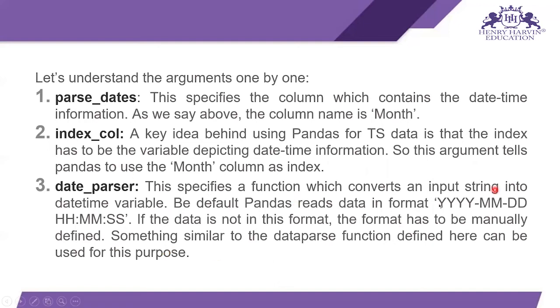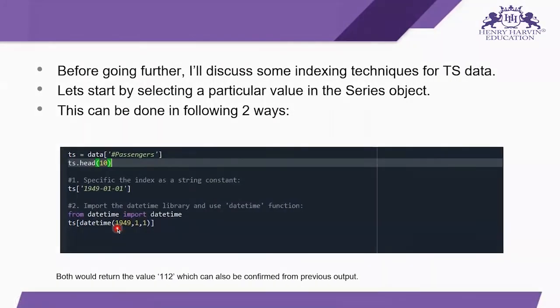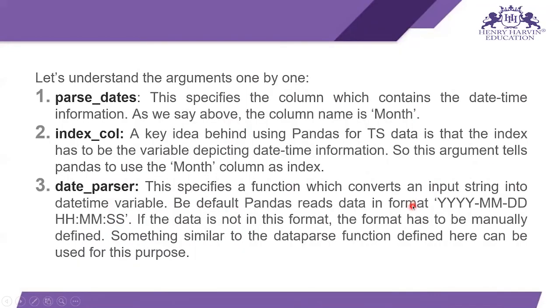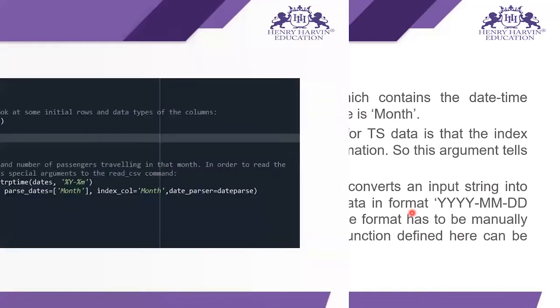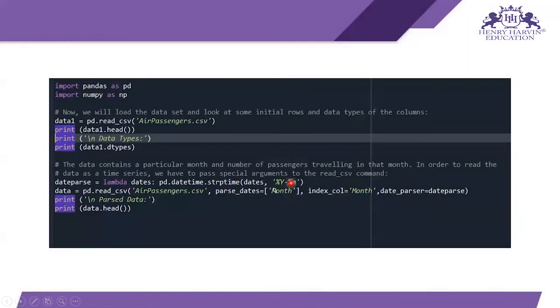So if you are loading the data and the datetime column has something like this format, then it is okay. But if the format isn't this one, then you have to specify the format as I specified in this part, like year and month, because in this data you have only year and month, you don't have date or time.